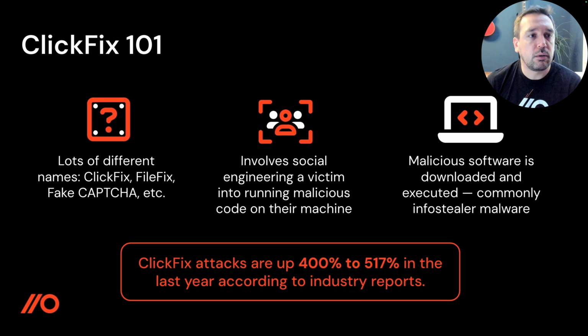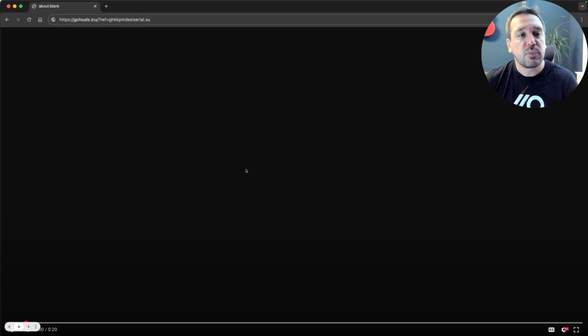Before going any further into variations, I'm going to show you an example, because like many of these things, if you've not seen it before, it's going to make more sense. I'm going to show you a real ClickFix site that we detected some time ago, and I've got a recording of what it looks like. I'm just going to visit it directly. We're not looking at the social engineering pretext of how we got here.